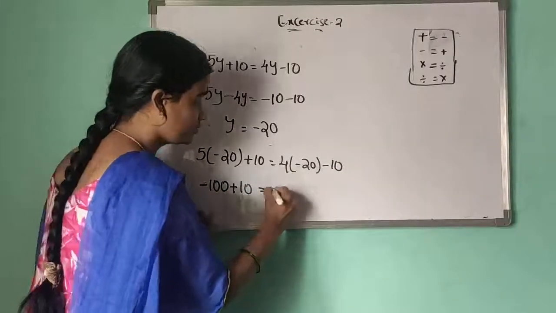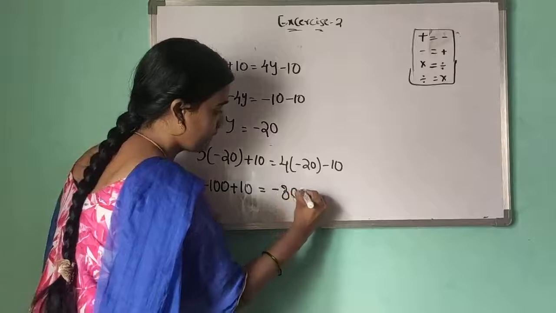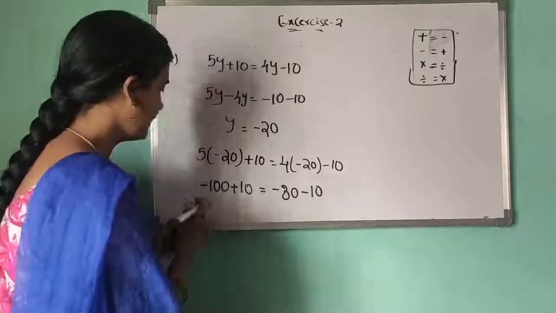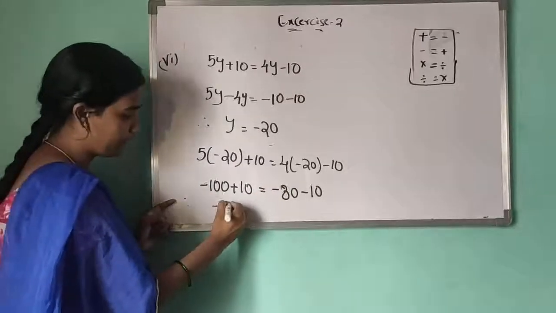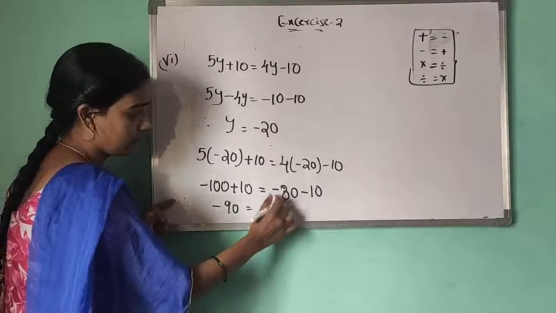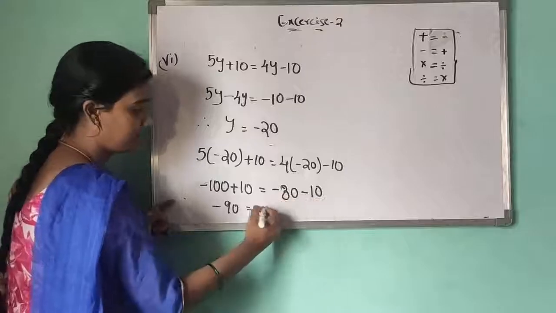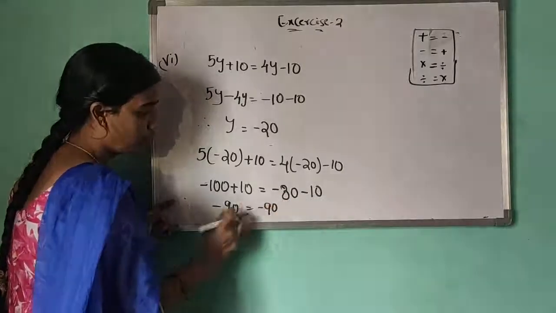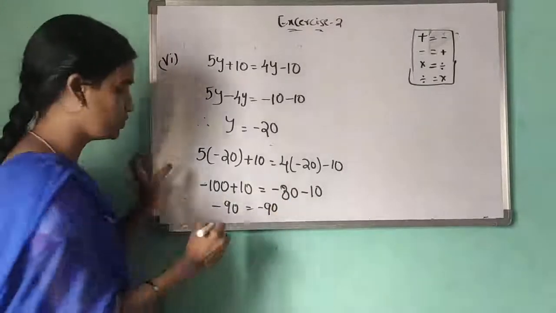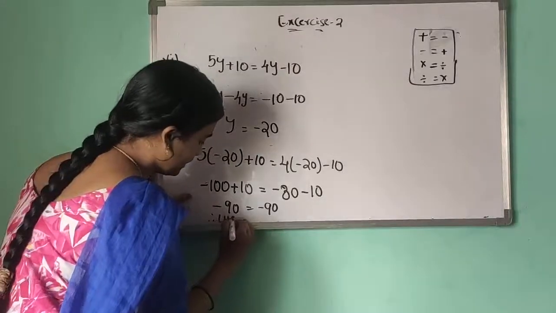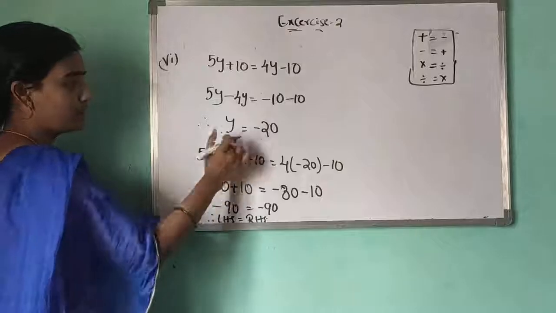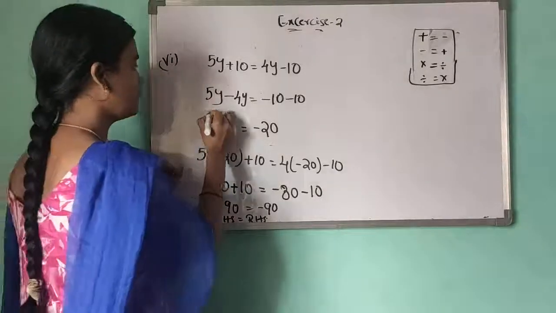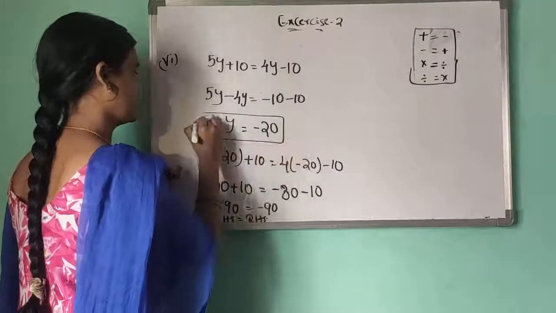Here minus is there, so minus 80 minus 10, right? See, minus 100 plus 10 is minus 90. Minus 80 minus 10 is minus 90. Both LHS and RHS are equal. So LHS equal to RHS. Therefore, the y value minus 20 is right. The y value minus 20 is correct.